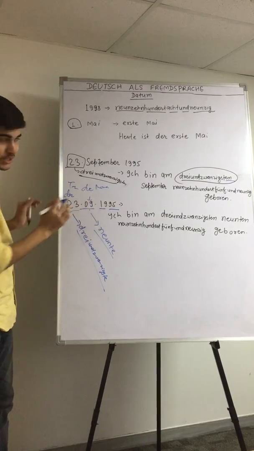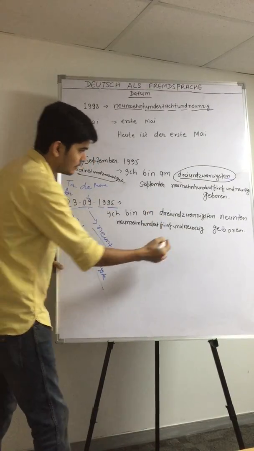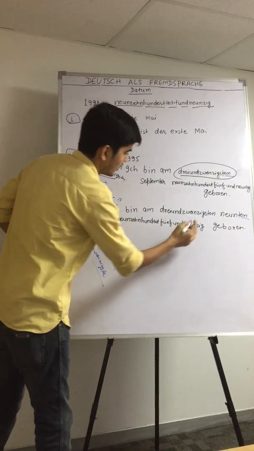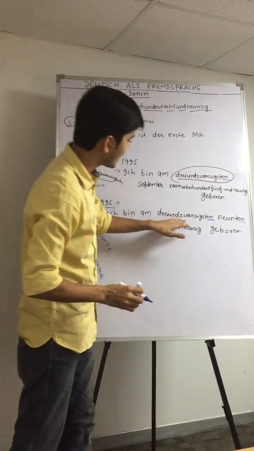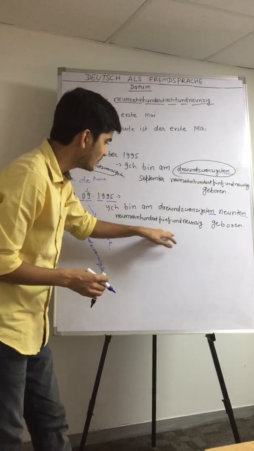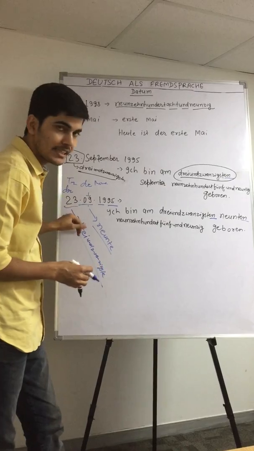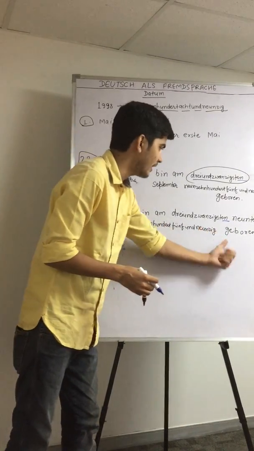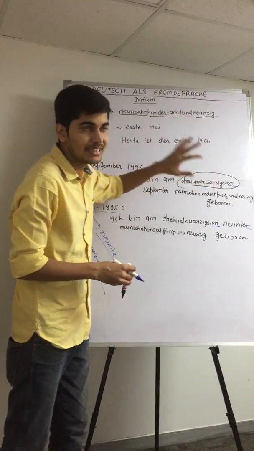So both are masculine. That's why 9. takes accusative. That's why 19 and 23, accusative. So ich bin am 23. 1995 geboren. I was born on 23rd of September 1995. So these are the different ways of telling time.